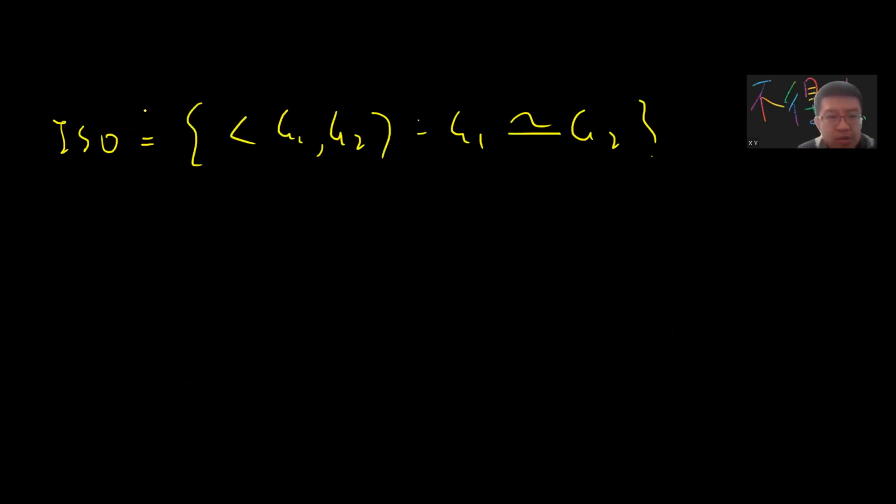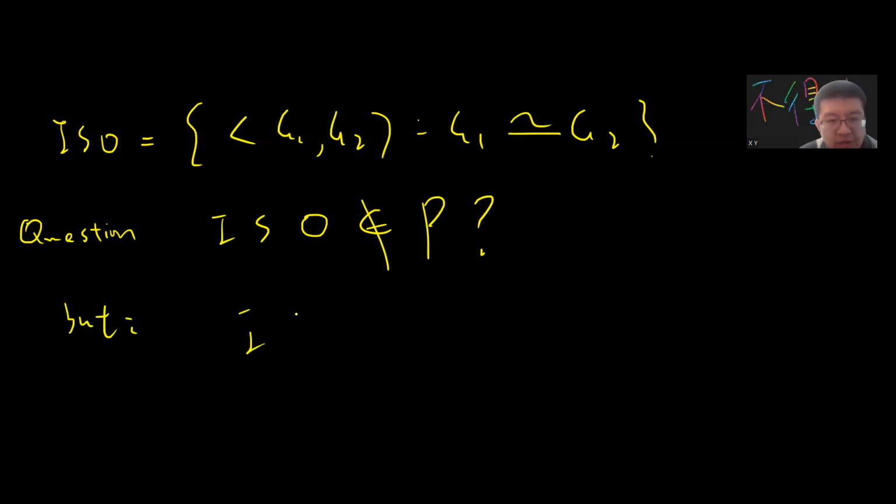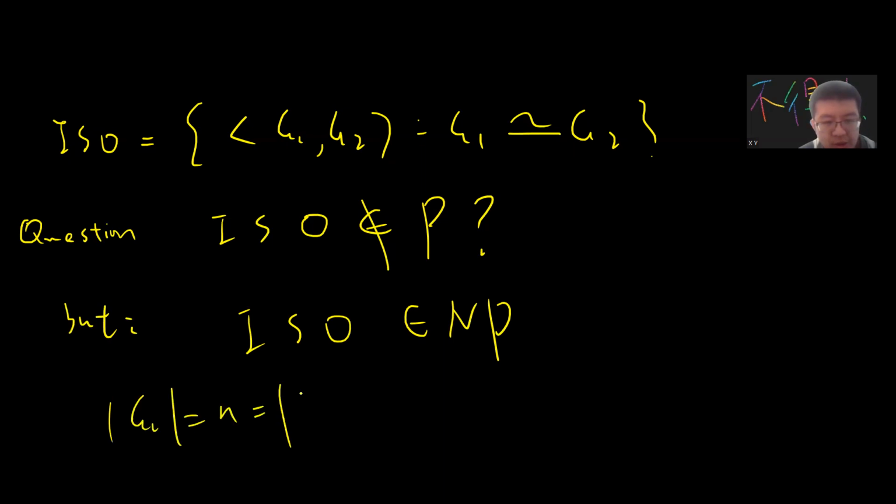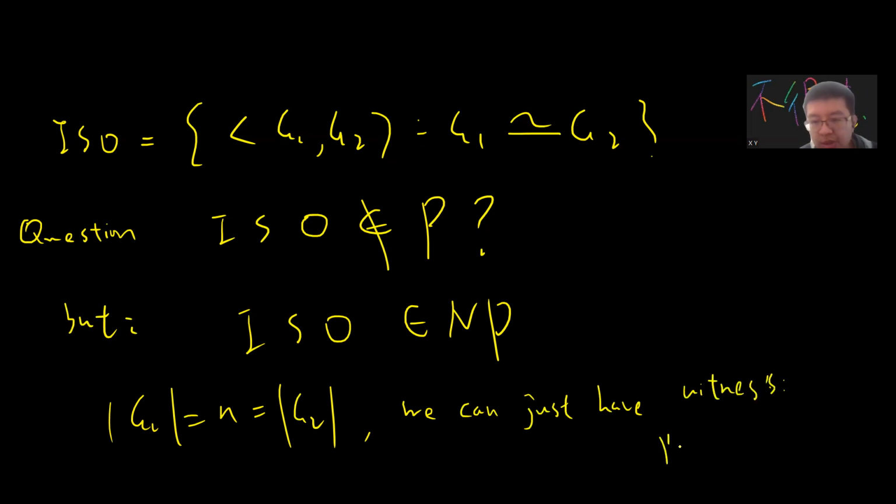Up to now, we don't know whether graph isomorphism is in P or not. But we do know there's an obvious result that ISO is in NP. If graphs G1 and G2 are the same size n, we can have a witness, which is just a permutation of the vertices.